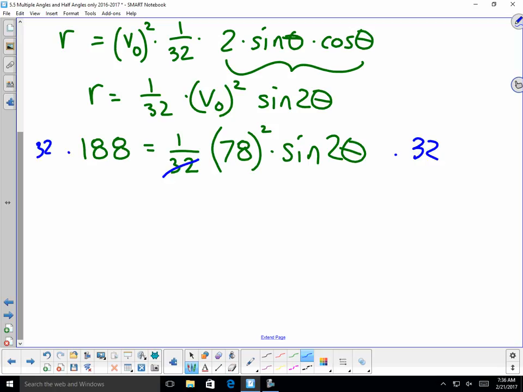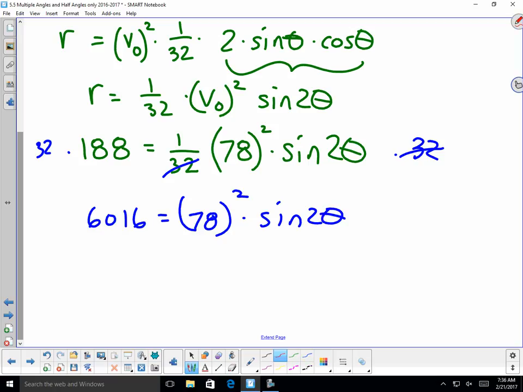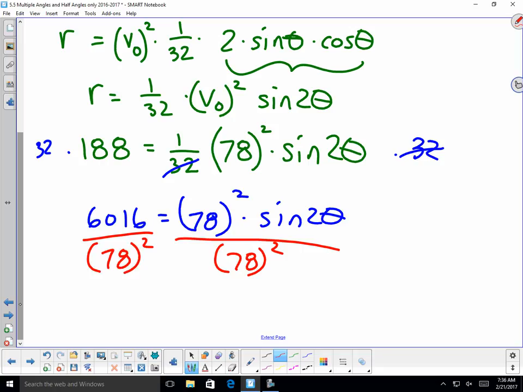When we do that, this divides out with this, and we end up getting 6,016 equals 78 squared times sine of 2 theta. And then if we divide both sides by 78 squared, we're trying to solve for this angle, we get 1,504 divided by 1,521 equals sine 2 theta.